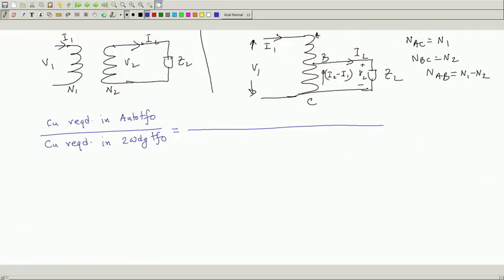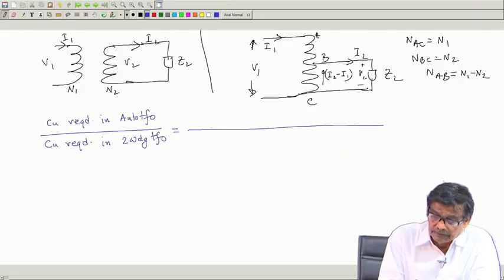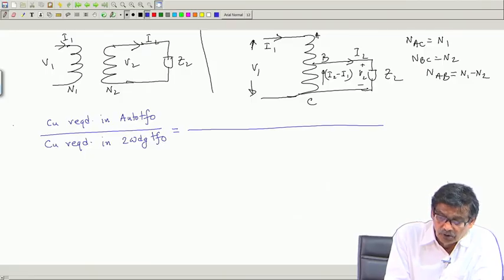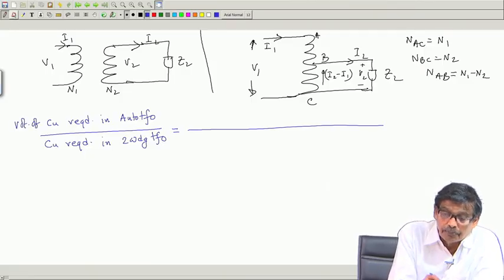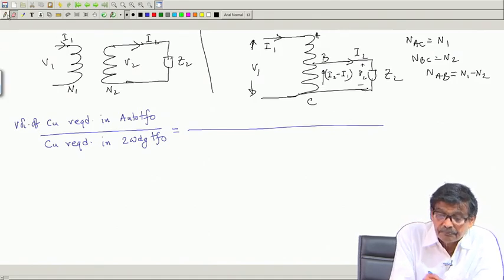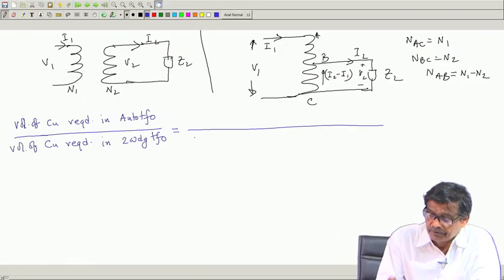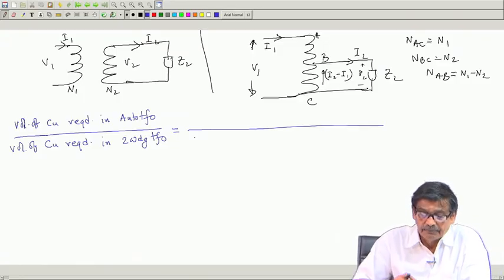So, it looks like the volume of copper required in the auto transformer, divided by the volume of copper required in the two winding transformer, is what I am trying to find.